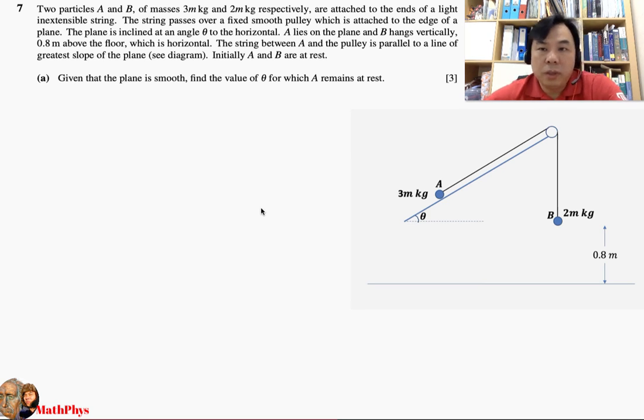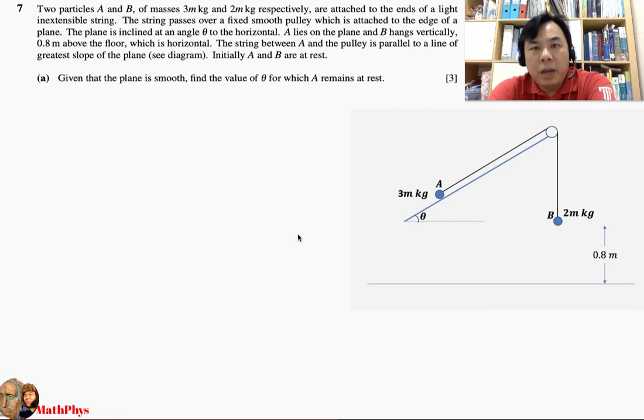The pulley is over here. And then the plane is inclined at an angle theta to the horizontal, as you can see. A lies on the plane and B hangs vertically as shown, 0.8 meter above the ground, which is horizontal.